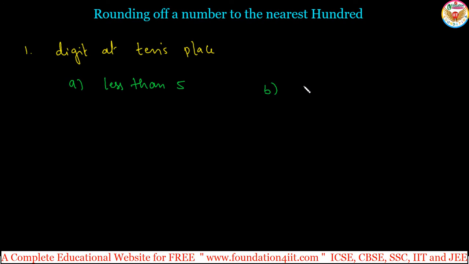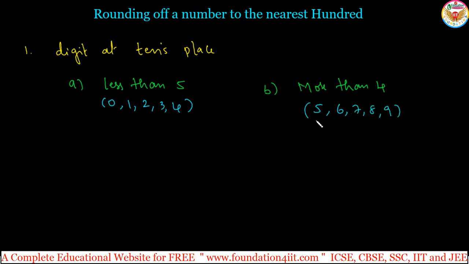The other option is if the digit at the tens place is more than 4, that means only 5, 6, 7, 8, 9. The number of digits is 10. Less than 5 is 0, 1, 2, 3, 4. More than 4 is 5, 6, 7, 8, 9. Depending on this, we can round to the nearest 100.